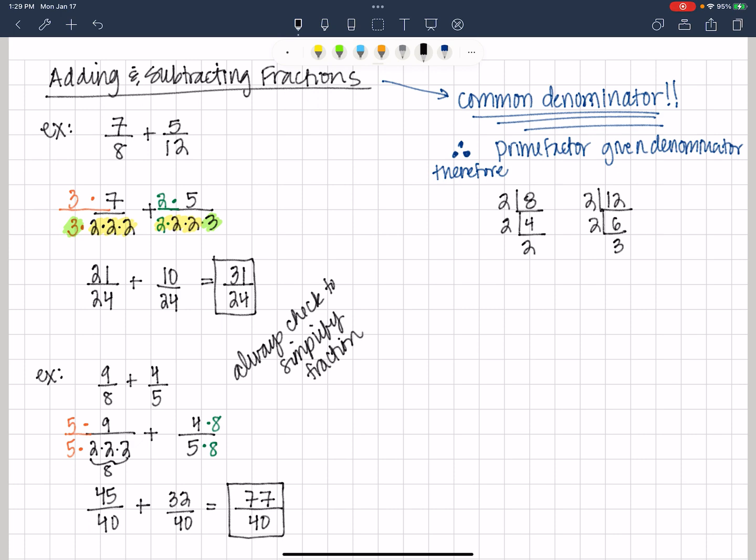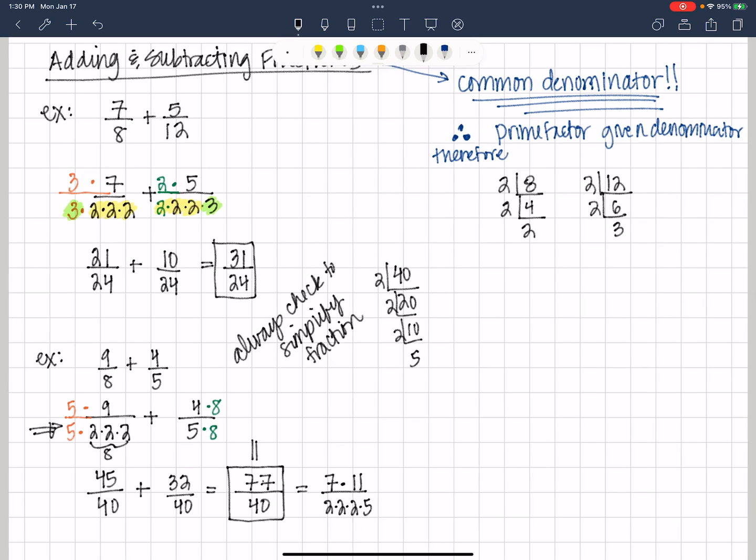So I'm going to show you that on this 77 over 40. 77 over 40 becomes 7 times 11 over 40, if I prime factor 40, 2 times 2 times 2 times 5. 7, there's no 7 in the denominator. 11, there's no 11 in the denominator. Nothing cancels, therefore this is simplified.